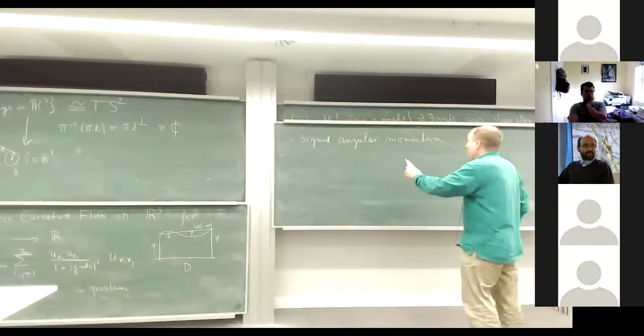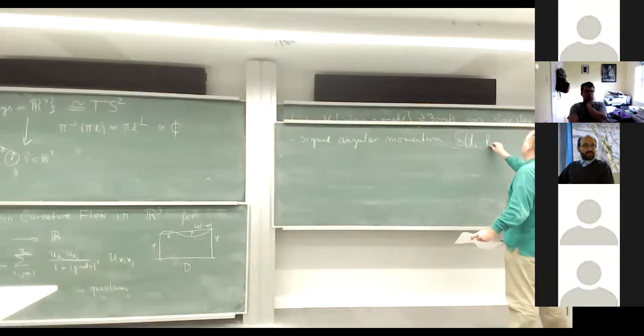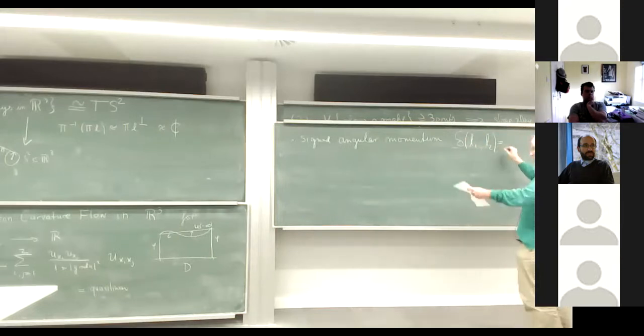The signed angular momentum is a function delta of one line to another line, and it is given by this distance vector from one to the other in absolute value times the sine of the angle of pi L1, pi L2. So what is this distance here?